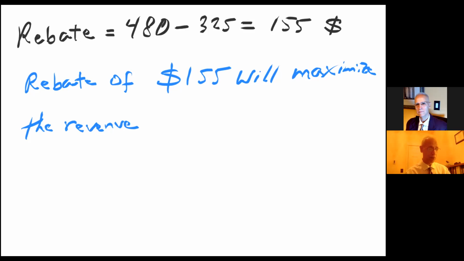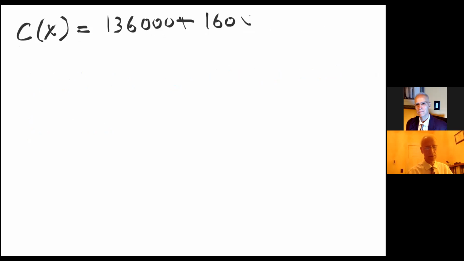So let's go find out what kind of rebate will maximize the profit. Let me go to the next page. We are given that C as a function of x equals 136,000 plus 160x. That's given to us.